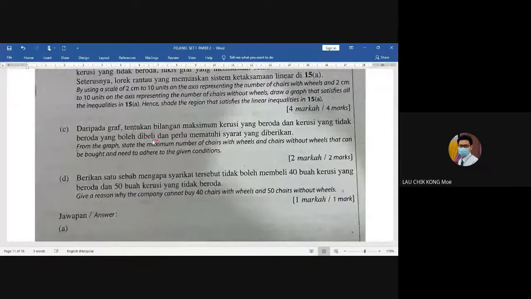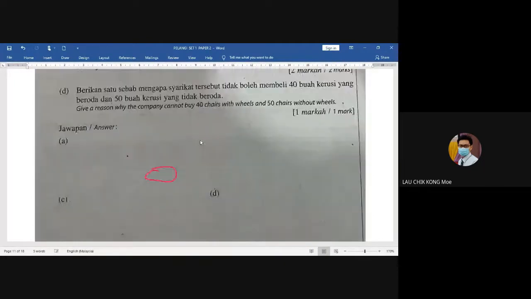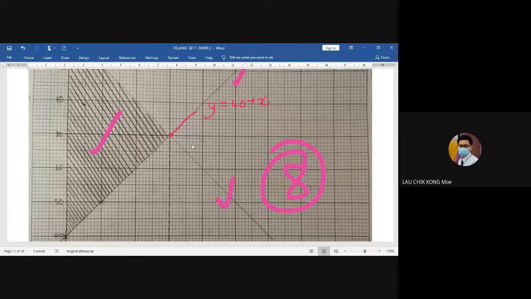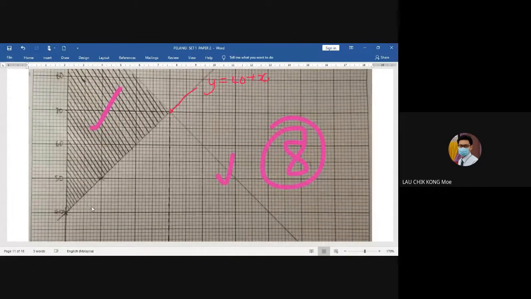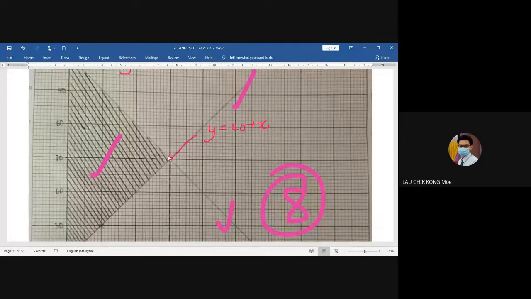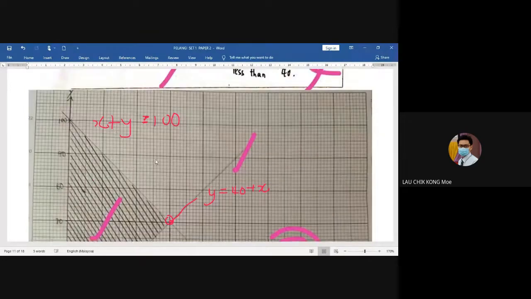Maximum number means that we need to find the maximum point. Actually very easy. For this type of question, you just try to find the vertices. Vertices are 1, this corner 2 and 3.